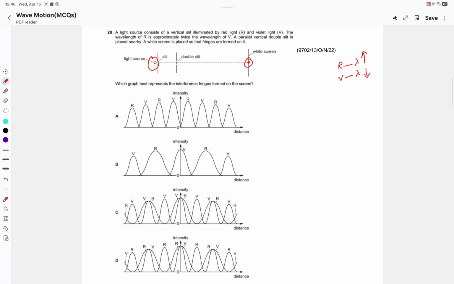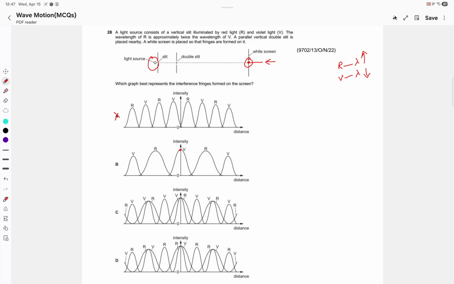Now if you look at option A, we are getting a minimum intensity, so option A is incorrect physics. In option B we are getting intensity, but only for the violet light, not for the red light. According to the physics of interference, all the waves collectively combine to make a constructive interference at this location.